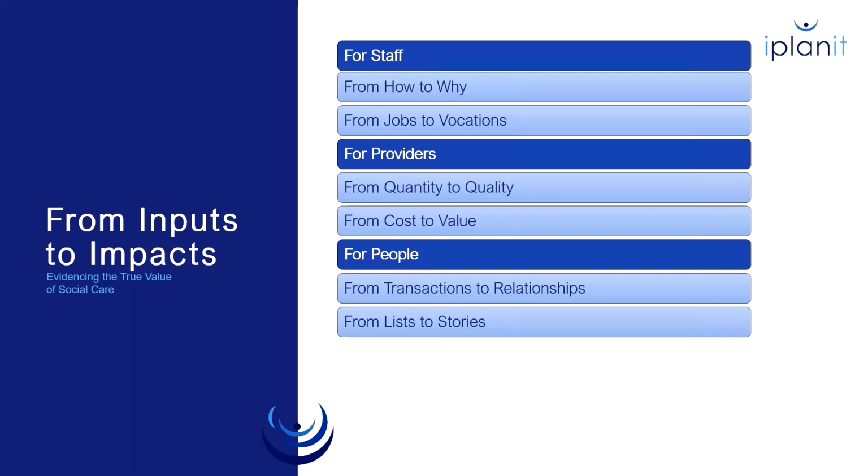But also all of those social things. It's social care. That's where the social comes from. And by that slight change in approach, we're starting to tell people's stories rather than just keeping a list of things that we've done.